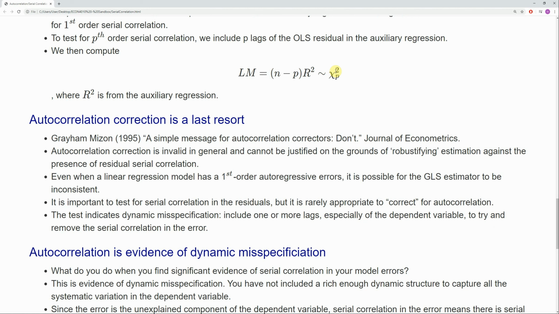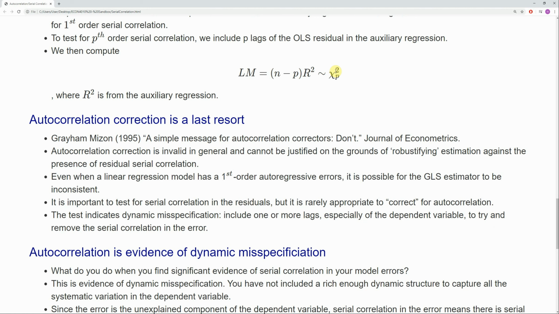As you remember, in the heteroskedasticity case, we had this HCCM estimator, which was the method by White to correct for those biased standard errors and then give you robust standard errors.